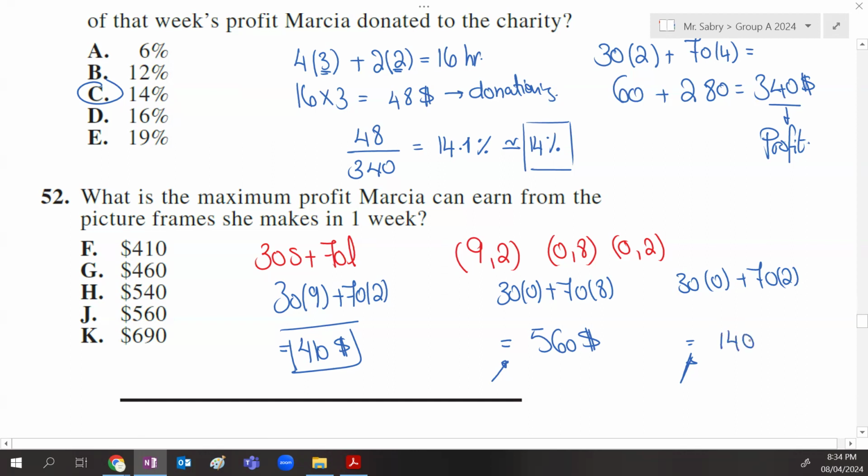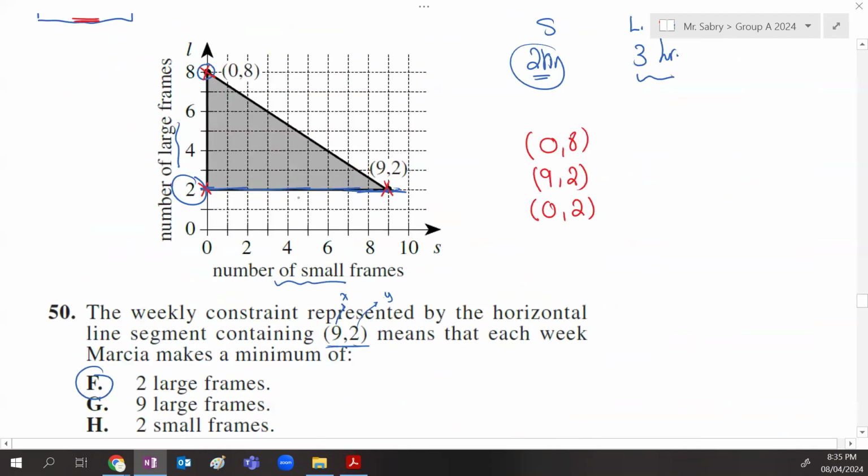That's $140. So yeah, J is the biggest. Just because a point has larger numbers doesn't mean it will be the biggest; sometimes other cases give the biggest value. Another hint is that usually the highest point on the shape is the maximum, but it's not always true, so we can't depend on that.